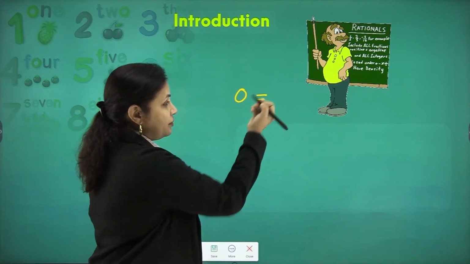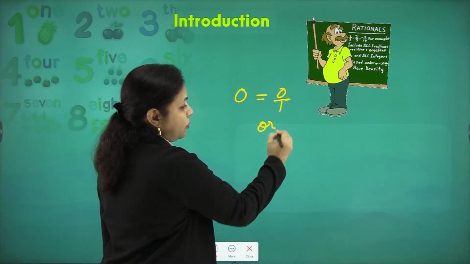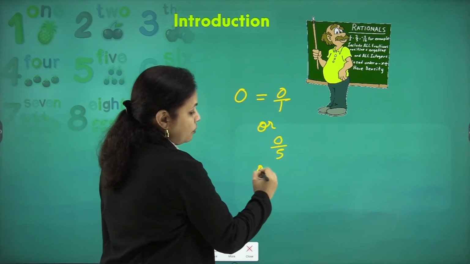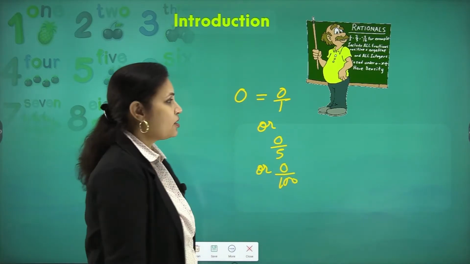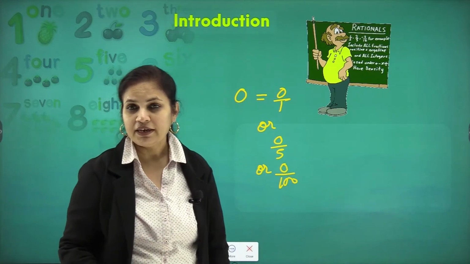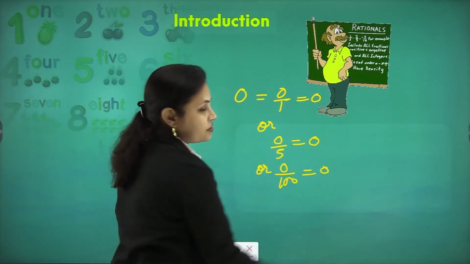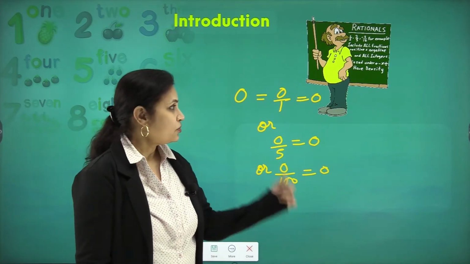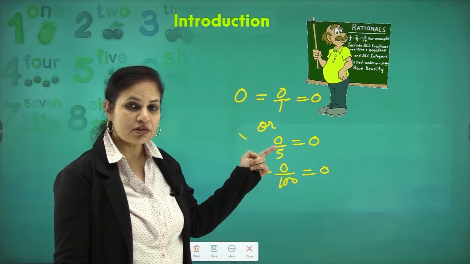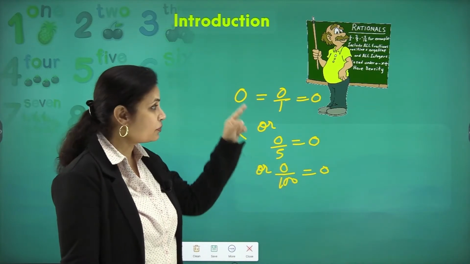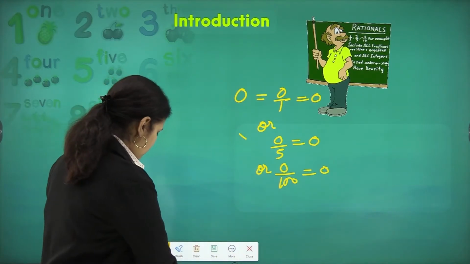I can write 0 as 0 upon 1 or 0 upon 5 or 0 upon 100, because 0 divided by any number will give you 0 only. So we have seen that a whole number can also be represented in the form of numerator upon denominator, where the numerator can be 0 but the denominator cannot be 0.